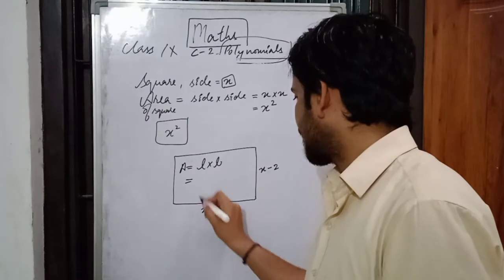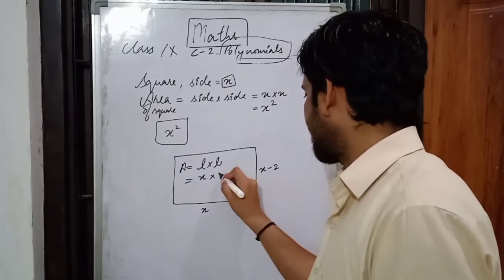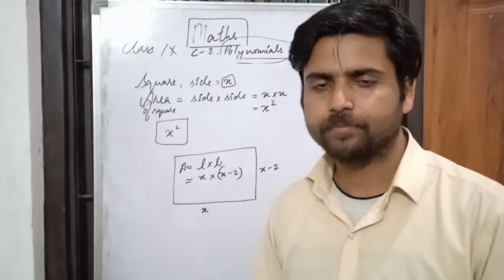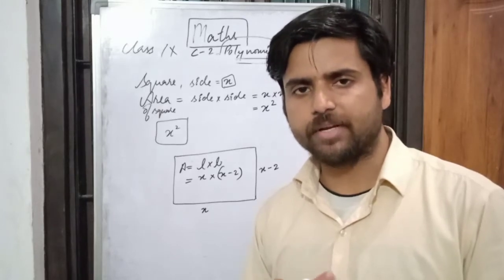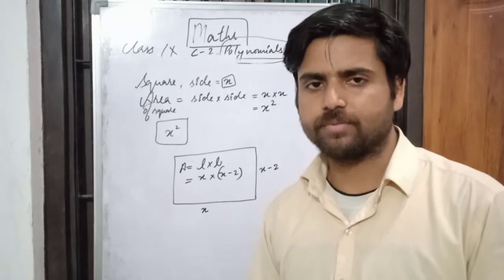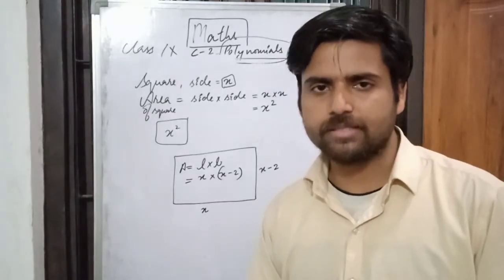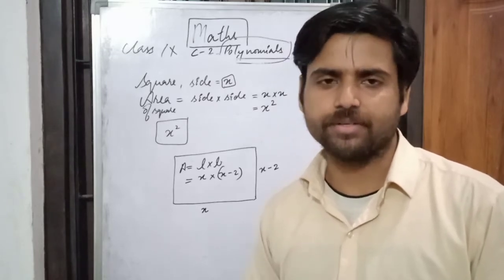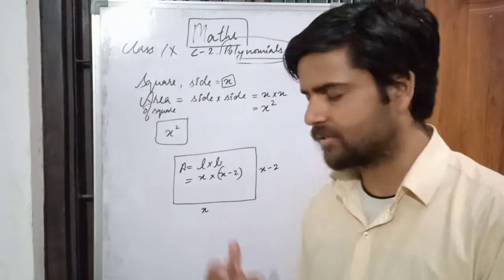So length is x into breadth is x minus 2. Yes or no? In class 7th, in the algebraic expressions chapter, you must have learned how to multiply expressions. If you have not done that, in class 9th you must have studied algebraic identities. If you have not done that also, then I will tell you here, please concentrate.